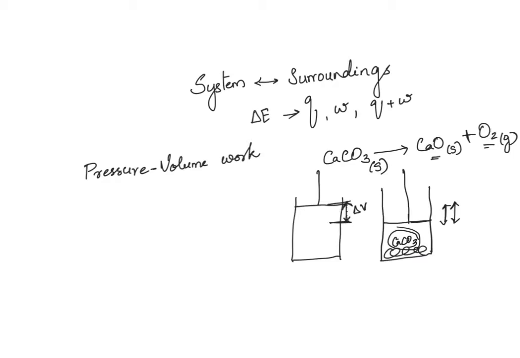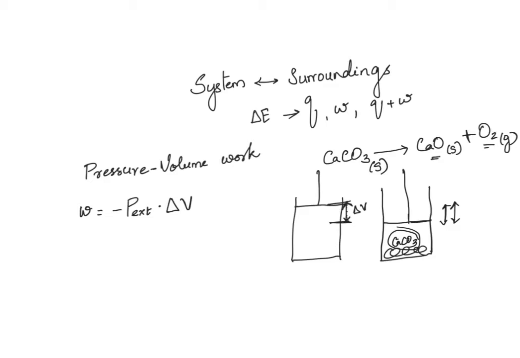And the work done by this system on the surrounding, in this case, is calculated as negative P external, which is the external pressure, multiplied by change in volume. This is because this is expansion.